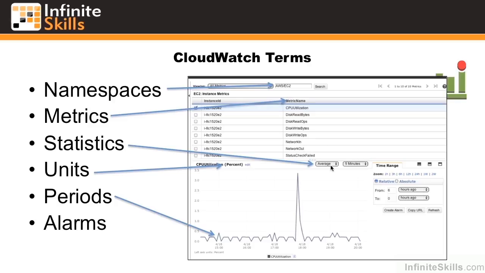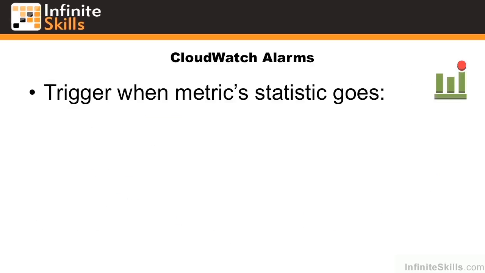Statistics are specified down here, and if I could select this drop-down box, I would also see sum, min, max, number of samples, and so on. The units depend on the type of metrics being measured. For example, CPU utilization is in %, but ELB latency is in milliseconds. And the periods are specified down here.